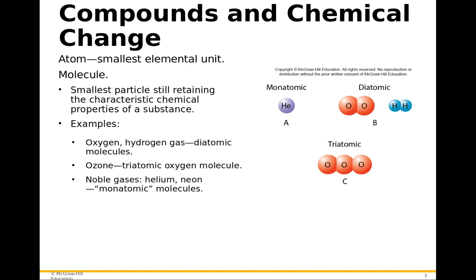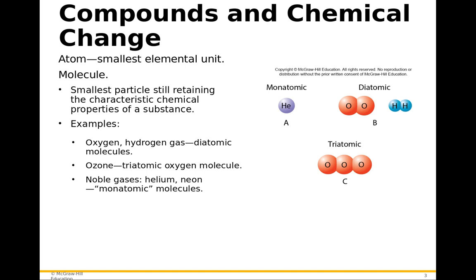Whenever we divide oxygen and hydrogen into their smallest pieces, we find that they combine into these diatomic molecules. Now we can split those, and oxygen still behaves as oxygen and hydrogen still behaves as hydrogen, but they'll be a little more reactive because they're not bonded together.